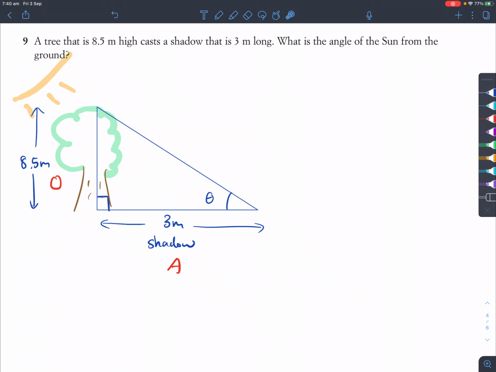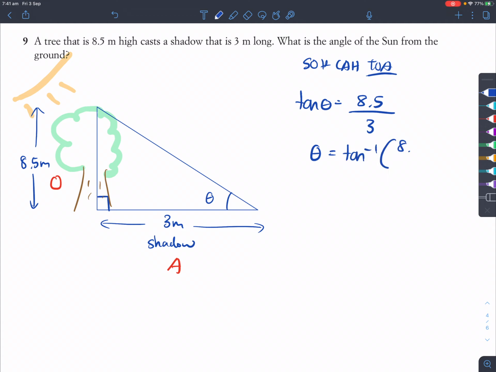So that means in this case, we're using the tan ratio, which includes O and A, right there. So tan of theta will be the opposite edge, which is 8.5 over 3. Let's write theta, then bring the tan over, so that becomes inverse tan of 8.5 over 3.